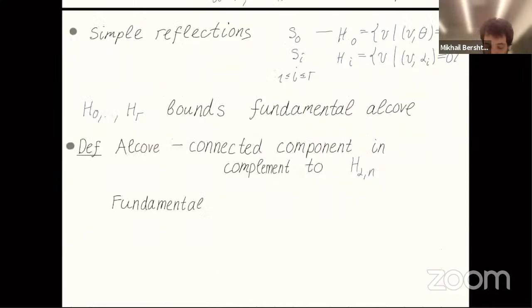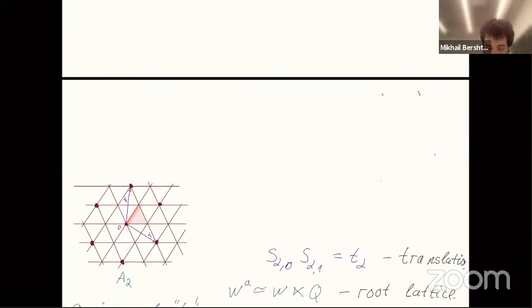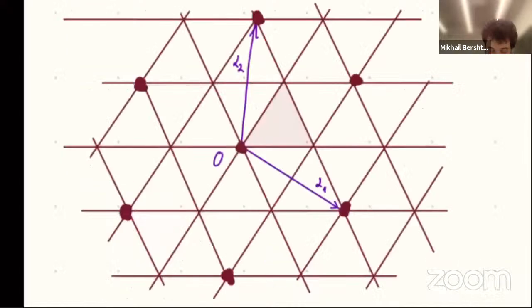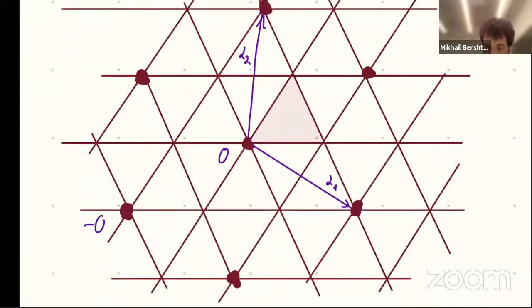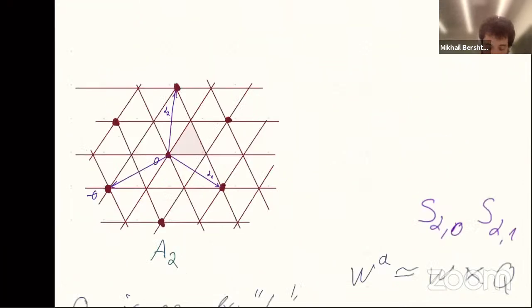Again, in this picture, these are hyperplanes which correspond to the simple roots alpha 1 and alpha 2. And here is the theta, or better to say minus theta. So the hyperplane corresponding to this affine root is this one.